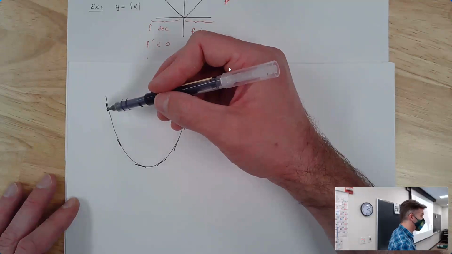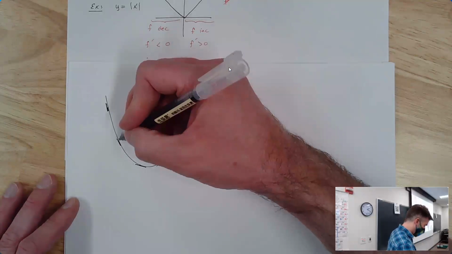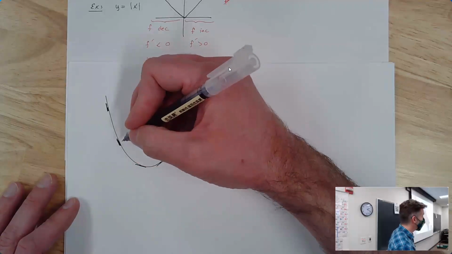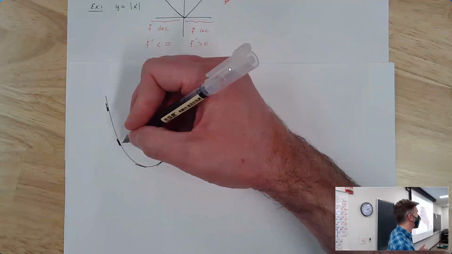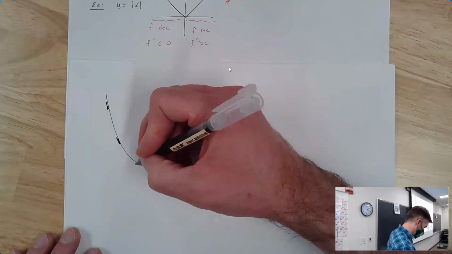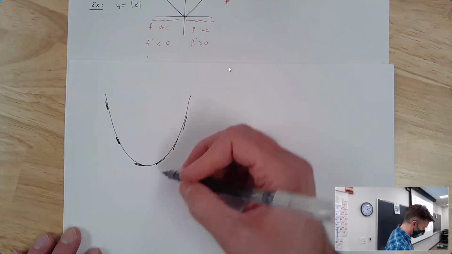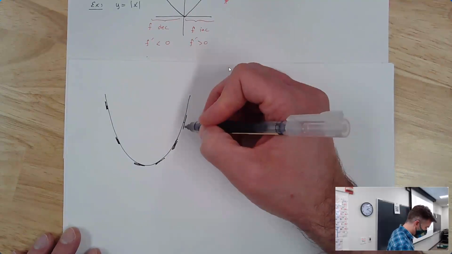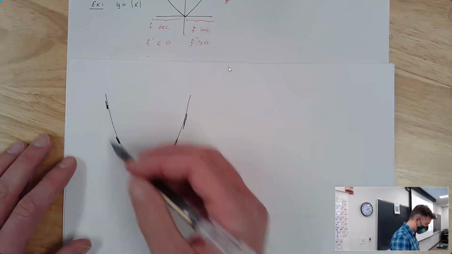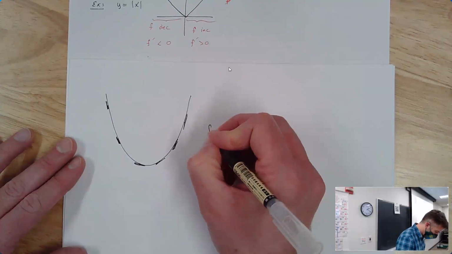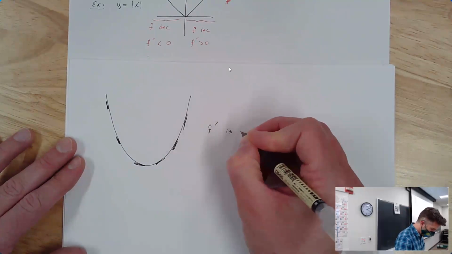Really negative, right? It's got a very negative slope. Over here, less negative. So the derivative increased. Over here, close to 0. Over here, a little bit positive. Over here, a little bit more positive. Even more positive. So for this shape, the first derivative is increasing.